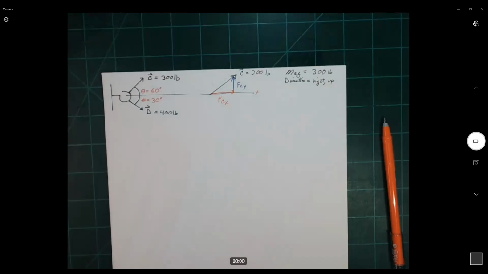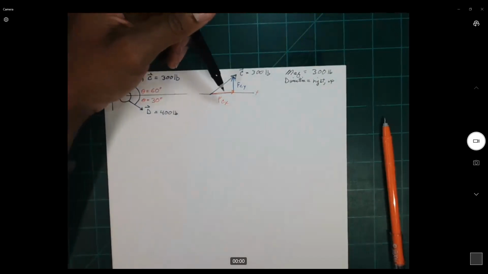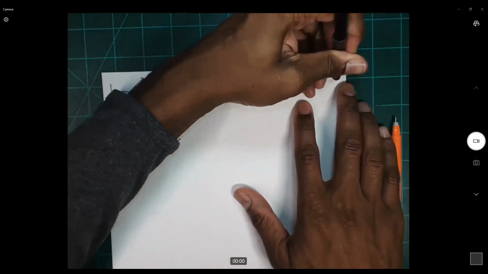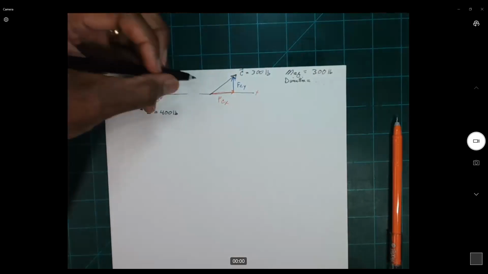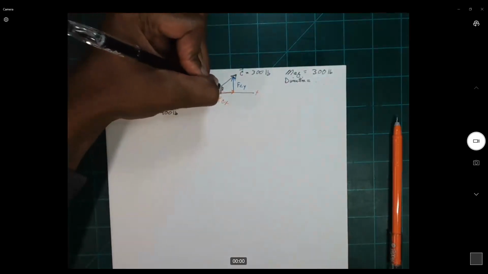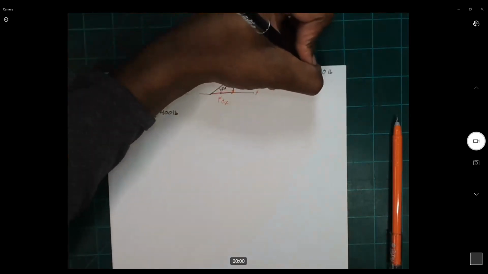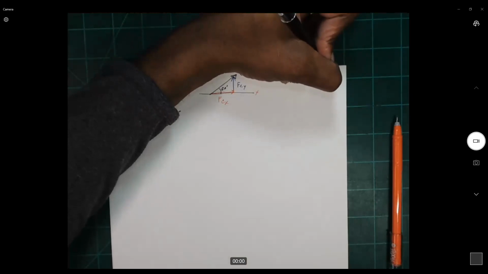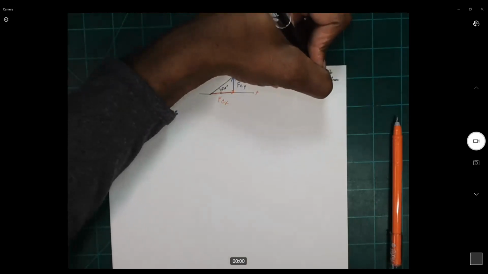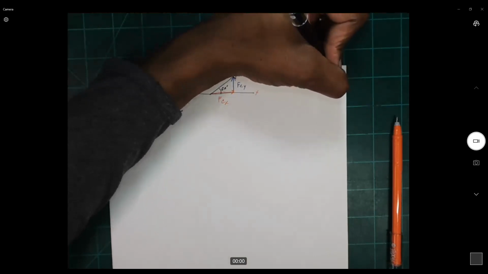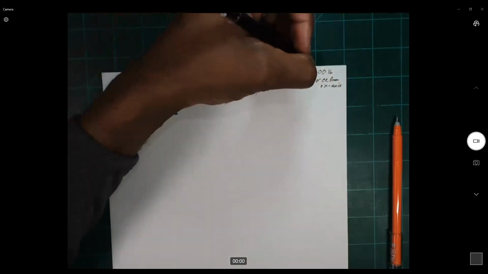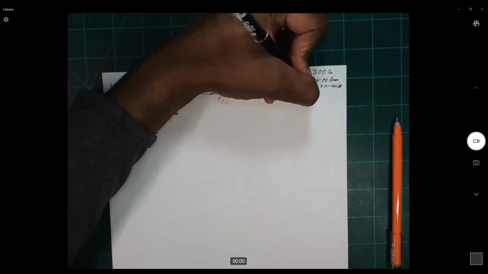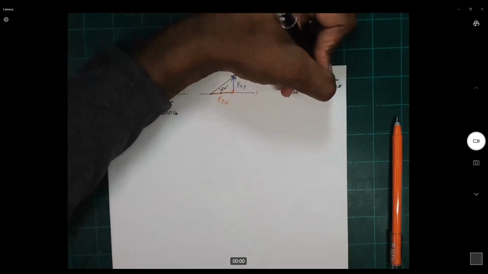I forgot our sense, I'm sorry. Our direction is 60 degrees counterclockwise from the positive x axis. Now our sense is right and up.